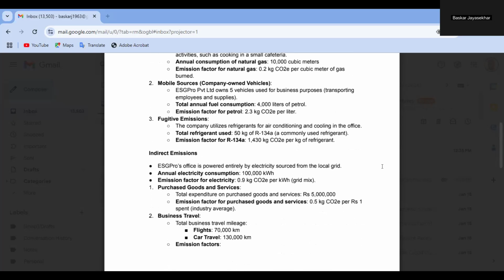Mobile sources, company-owned vehicles: ESG Pro owns 5 vehicles used for business purposes, transporting its employees and supplies. Total annual fuel consumption is about 4,000 liters of petrol. The emission factor for petrol is 2.3 kg CO2 equivalent per liter.